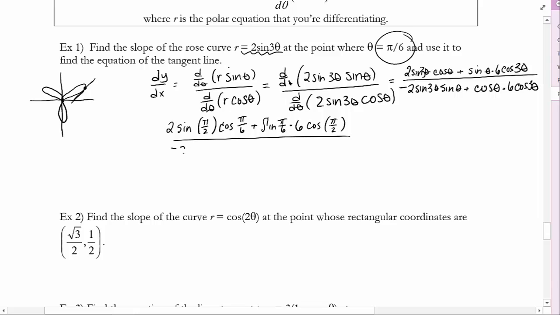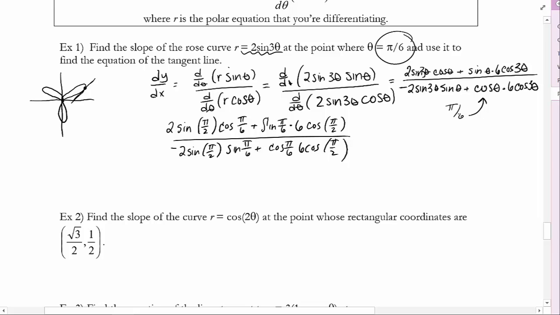And then on the bottom, kind of the same thing: 2 sin(π/2) sin(π/6), plus cos(π/6) times 6 cos(π/2). I plugged π/6 in for all of those thetas, and when I had 3θ, it was 3π/6, or π/2.